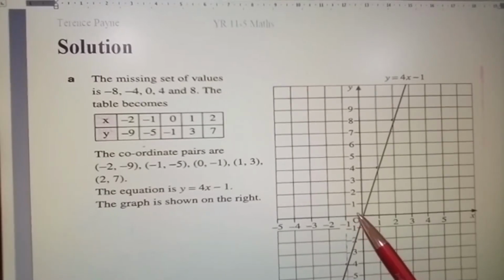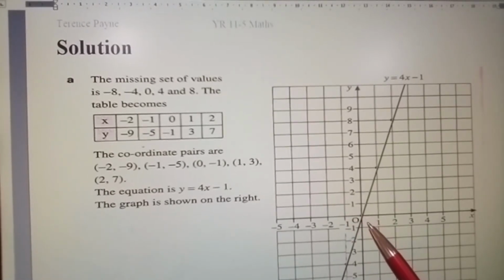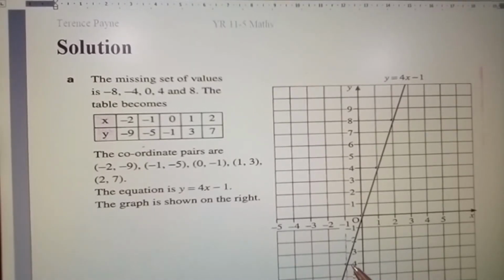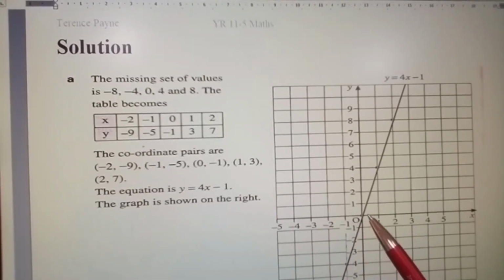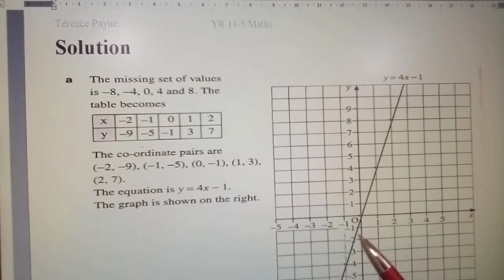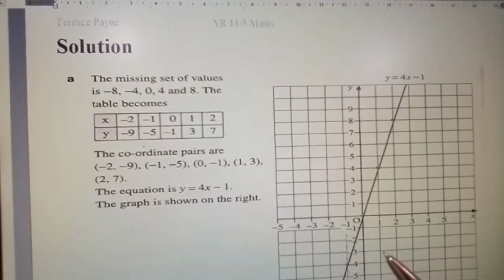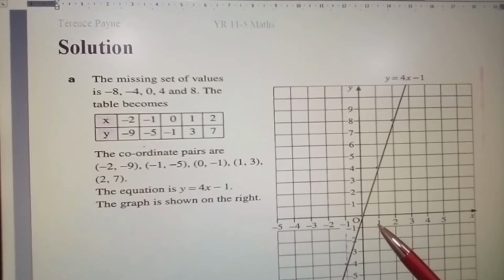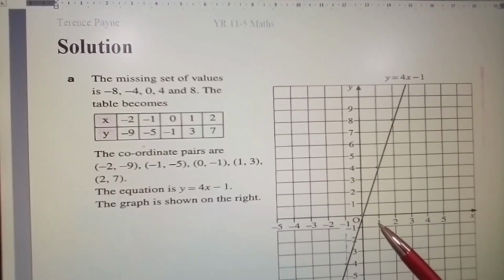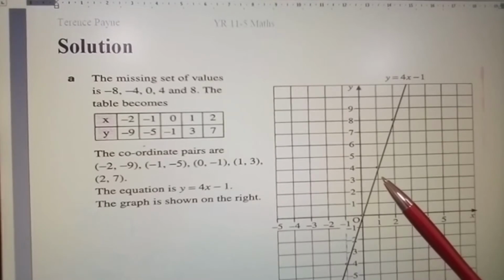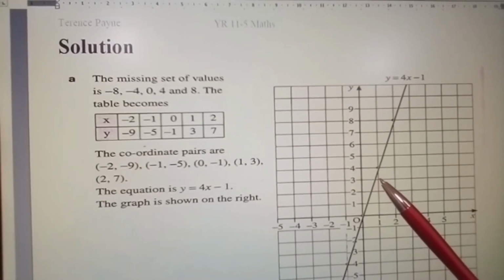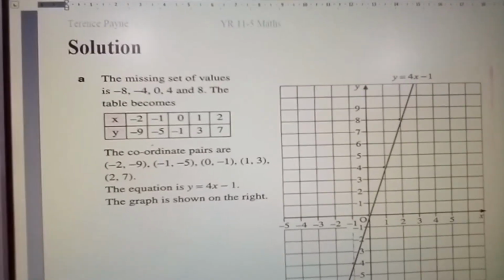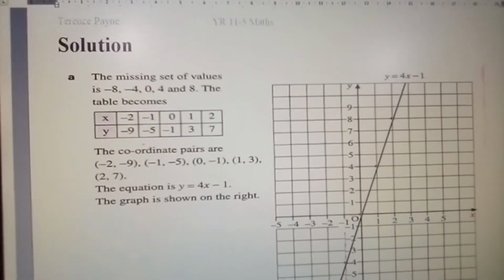That would have been somewhere here, basically, okay? And then when x equals 1, y would equal 3, and that would come somewhere here, again, okay? So you can see that our graph is slightly out. It's not quite perfect, but you get the idea overall, okay?